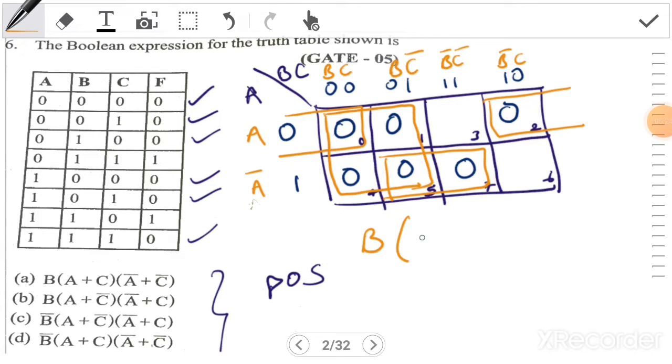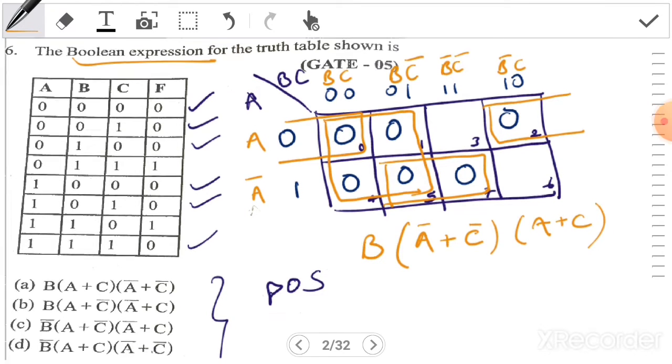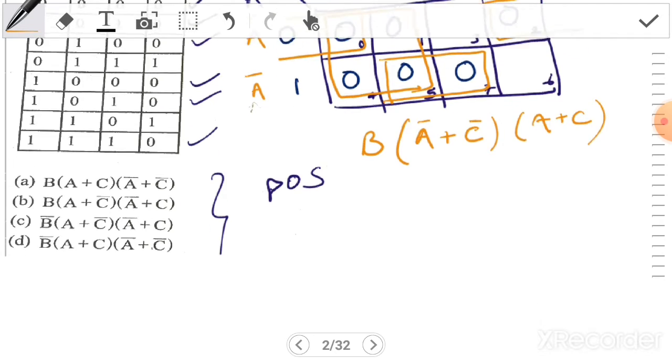So write that in product of sum form, A complement and C complement. Again, for this group, we have A in common and C in common. So A plus C. So we minimized this Boolean expression using K-map. So now you can verify your answer.